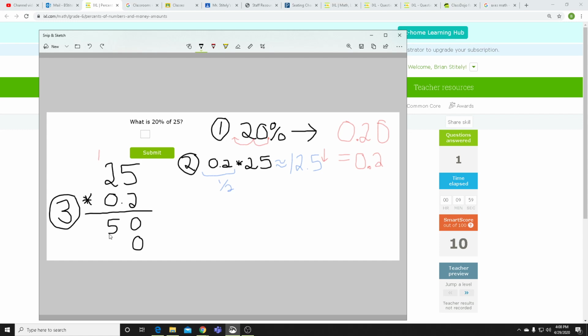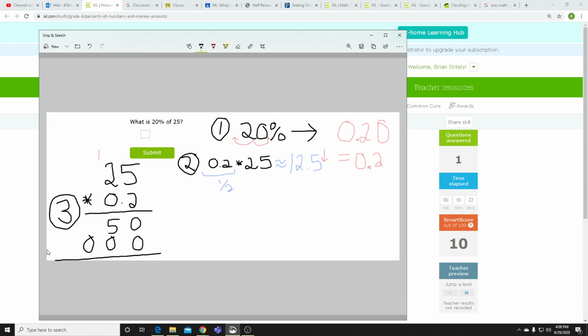Plus 1, 5. Oh, wait, no, I did this right. Okay, I'm sorry. I confused myself. So everything's right. Okay, so now we're doing 5 times 0. And that's 0. 2 times 0 is 0. Okay, so you get all zeros here. That should be no surprise.